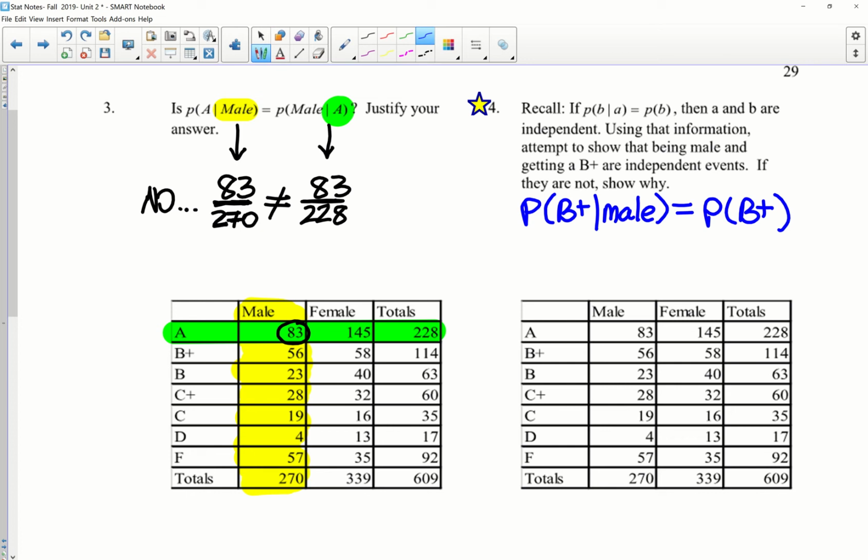But that's a me thing, just out of curiosity. But this is what we're looking for, because if they're independent events, these two should be roughly equal to one another. Because statistics, it's not always going to be perfectly equal, but roughly equal is good enough.